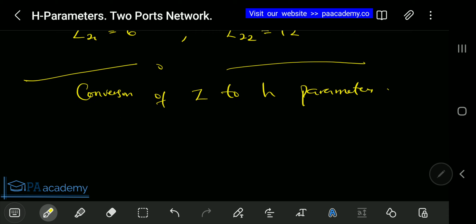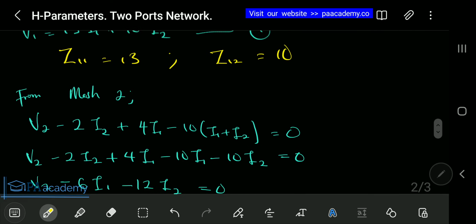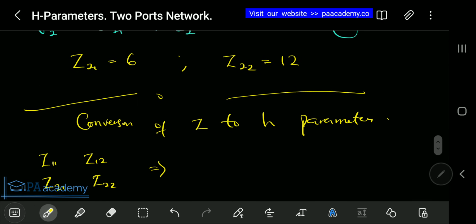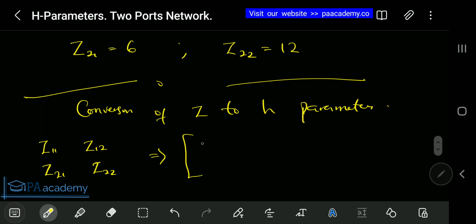So let me first write our z. So remember our z11, z12, z21, and z22. So if you have to put it here, so our z11, that's 13, 10, then 6, and 12.